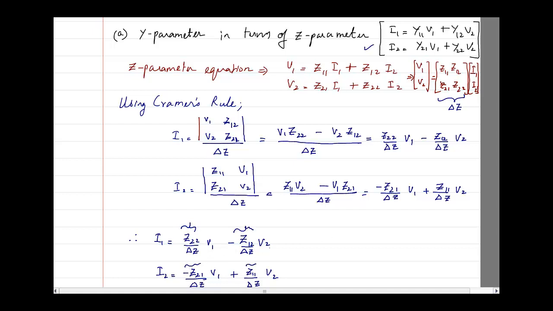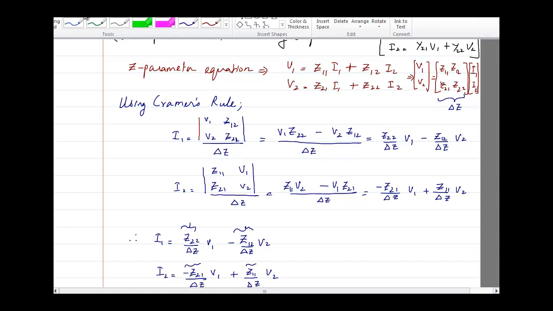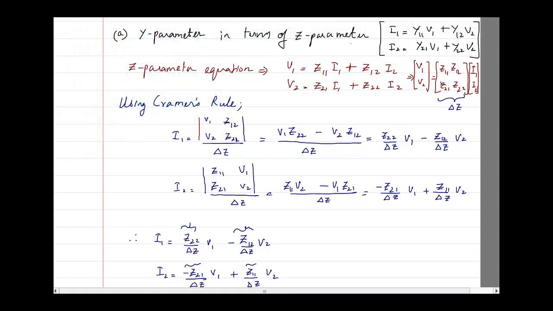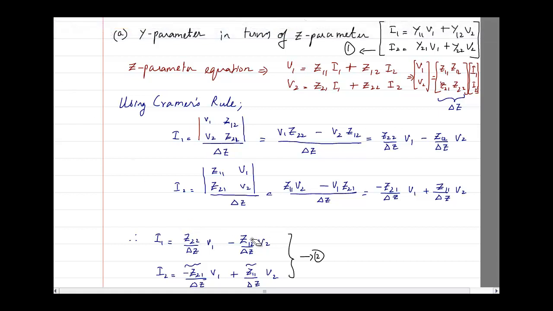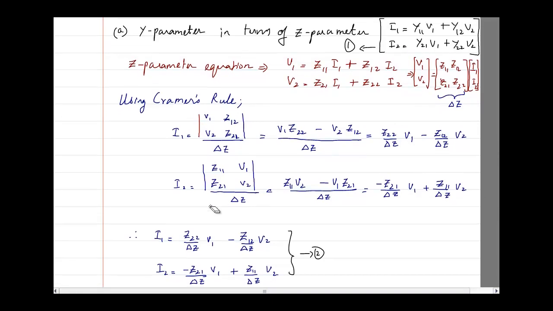Therefore, if I am going to compare, so comparing, so suppose this is my equation number 1, and this is suppose my equation number 2. Then if I am going to compare, then this is going to be equal to y11, this is going to be equal to y12 including the minus.